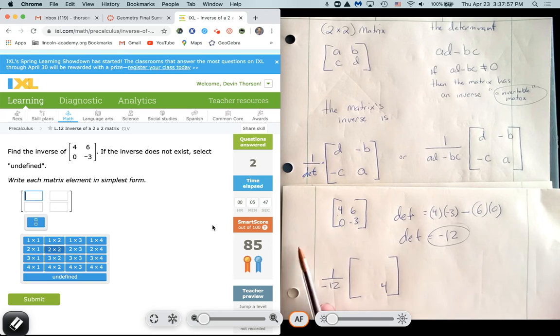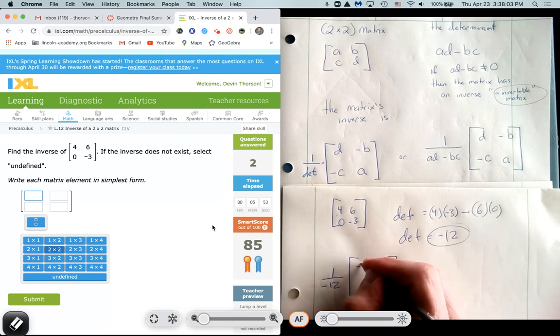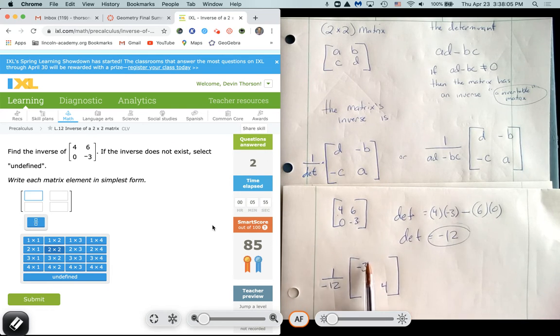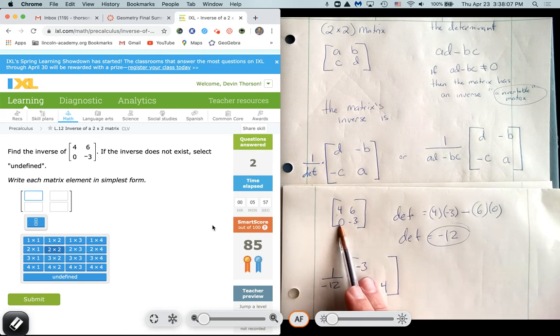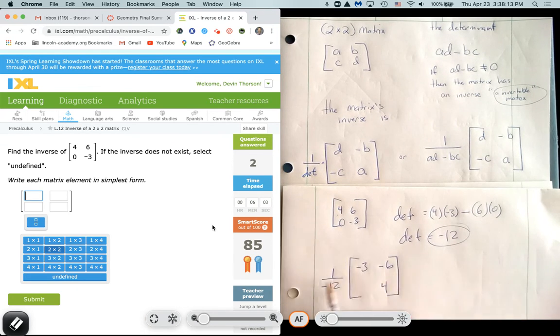The bottom right number of -3 is going to go up to the top left. And then I'm going to change the sign on the 6 and this number here, 0, which doesn't do anything. But if it was a number, I'd change its sign. I don't move these two. I just change their sign. I'm even going to put a little -0 there just so you know I changed its sign. Doesn't have any effect, but I put it there.